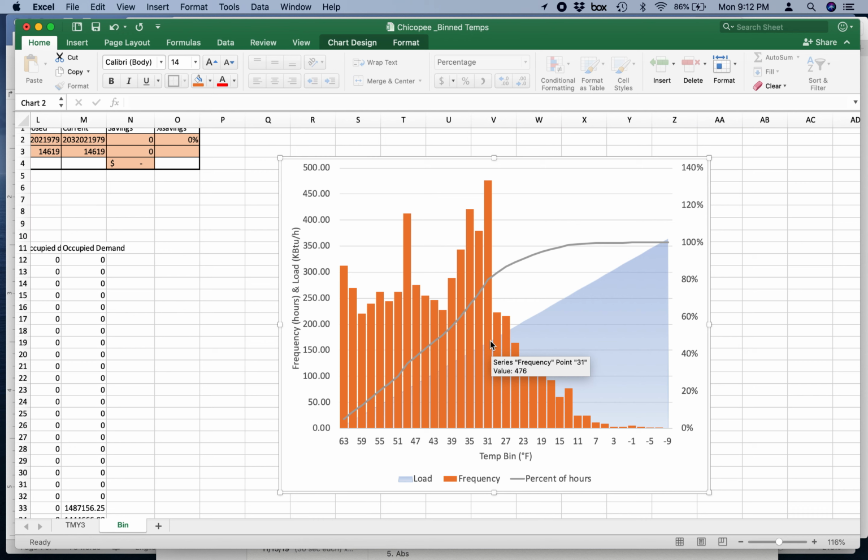So it gives you a sense of why it might be worth it to keep in place, say, an old and not very good oil-fired heating system to pick up the load only when the heat pumps can't keep up with it, because that's going to happen at, let's say we say the heat pumps fail to keep up after 15 degrees Fahrenheit.